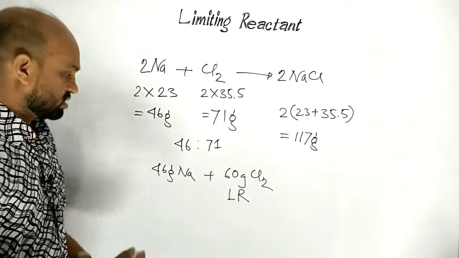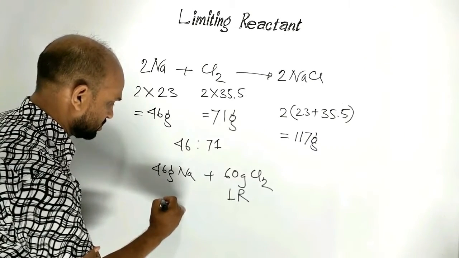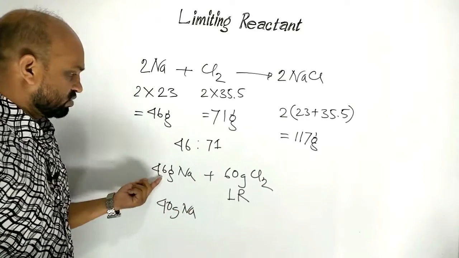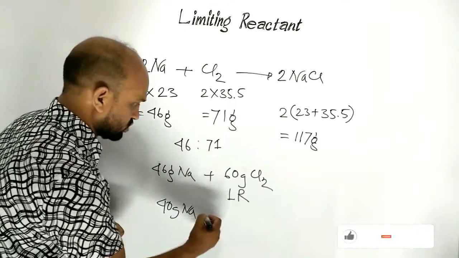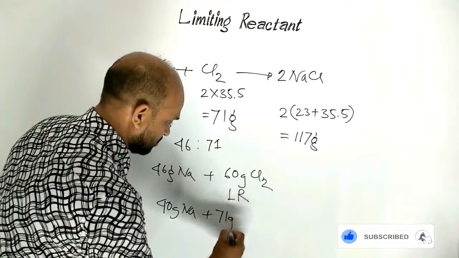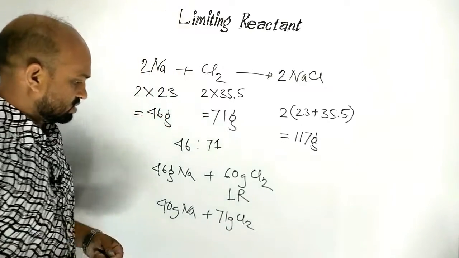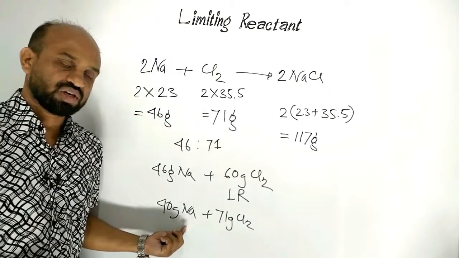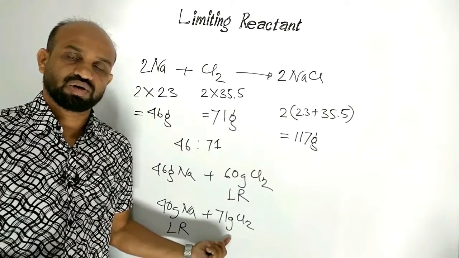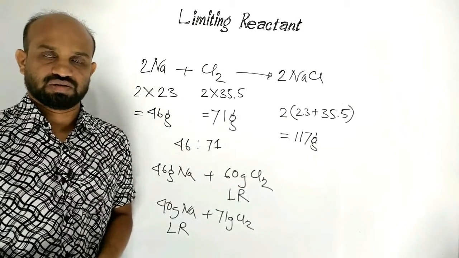But when sodium is used 40 gram instead of 46 gram, with chlorine 71 gram, then in this case sodium will be the limiting reactant and chlorine will be the excessive reactant.